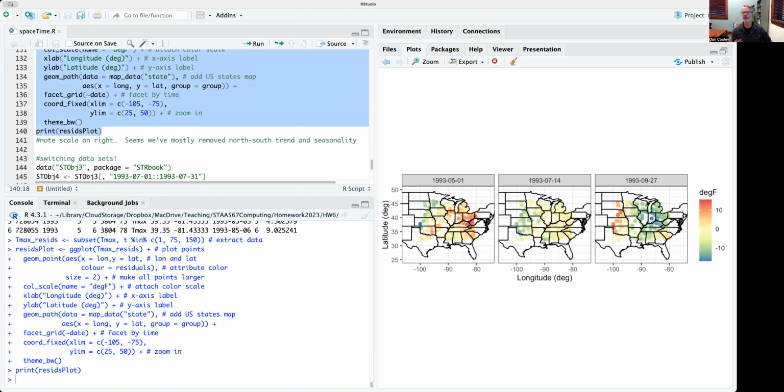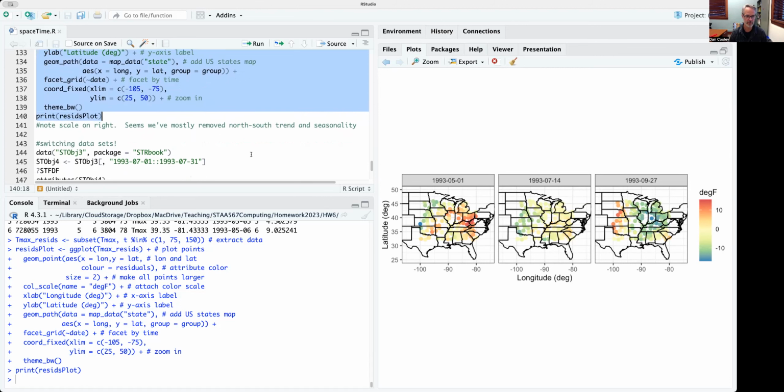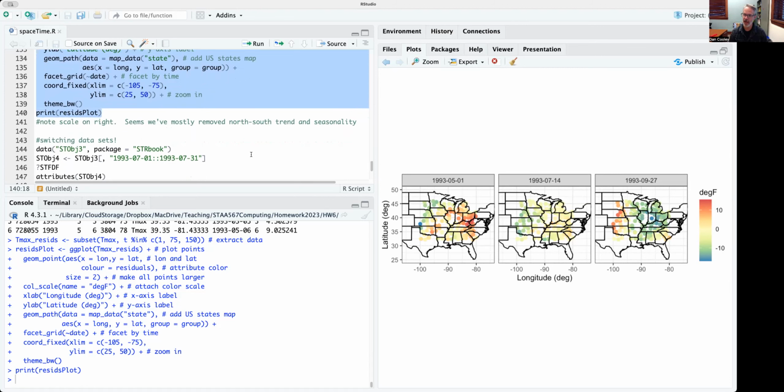We could investigate that further using plots like we did before, but at least as a crude estimate, this seems like a way of accounting for seasonality with the quadratic trend in time and accounting for a north-south gradient in the temperatures. Okay, so after we've accounted for the mean, now we're ready to investigate the space-time covariance structure.